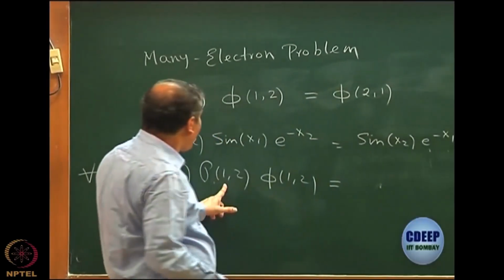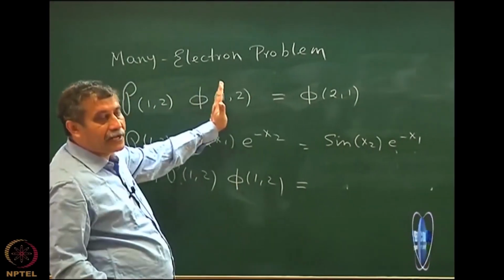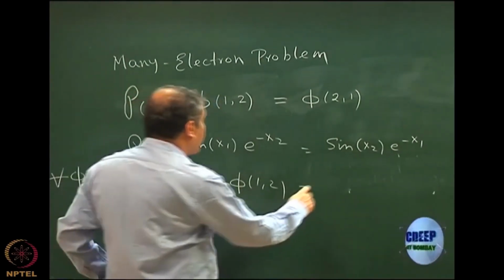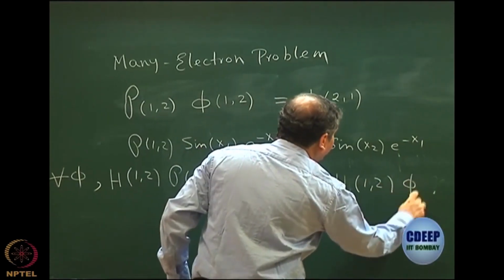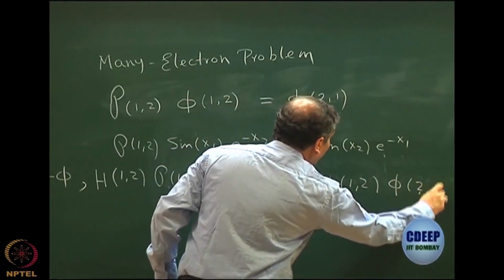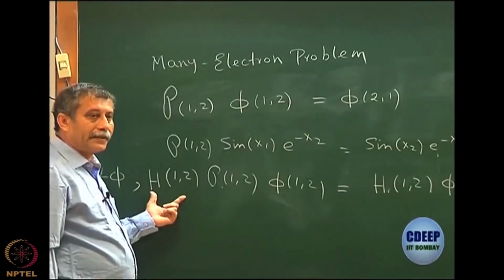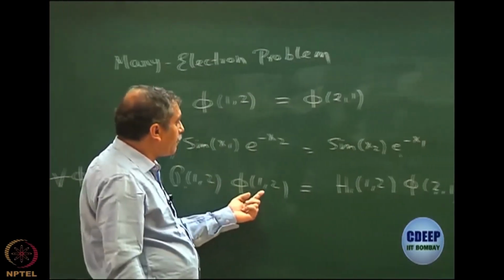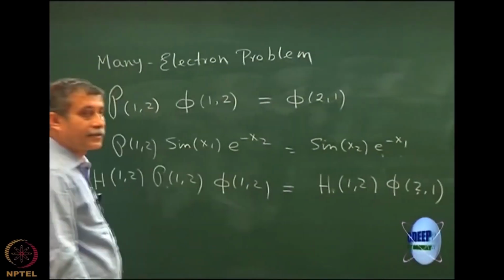First P12 will act on phi 1 2, because P12 can act on whatever is on the right of this. So, this will make it H of 1 2 phi of 2 1, right. H of 1 2 will remain, that is an operator, and this acting on phi of 1 2 will make it phi of 2 1 by my definition, correct. Is it okay?